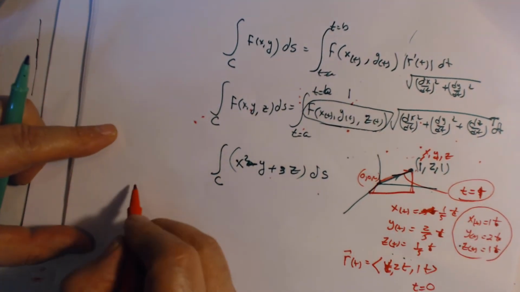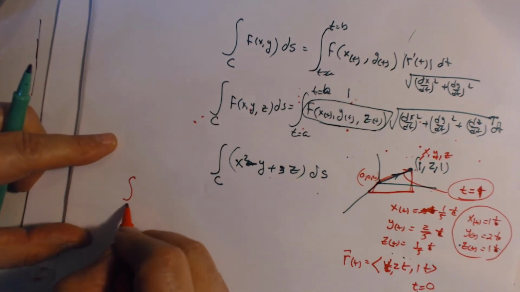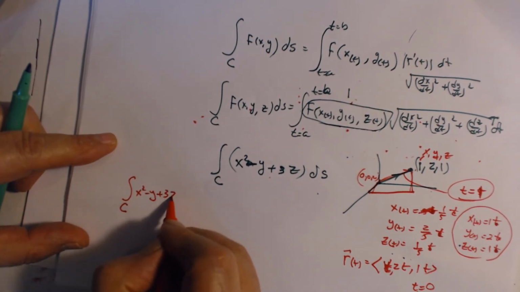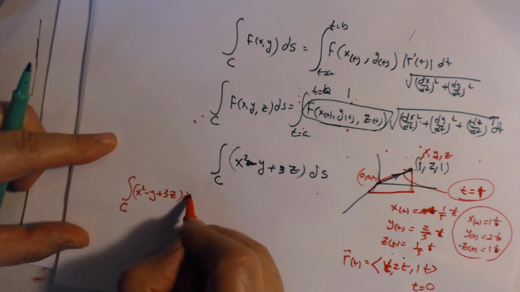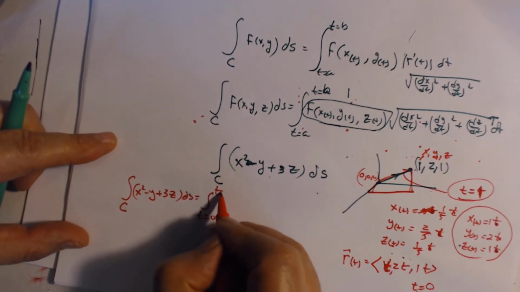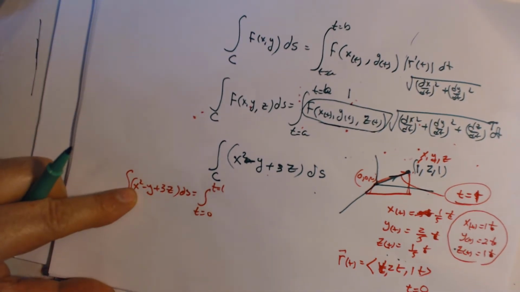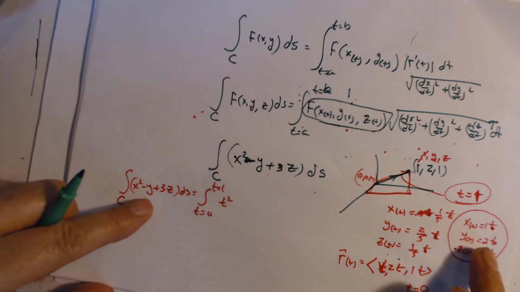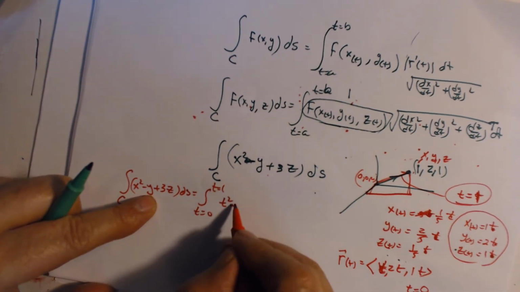1 second. Therefore, the line integral of x squared minus y plus 3z ds becomes the integral from t equal to 0 to t equal to 1 second. But instead of x squared, you put t squared. Instead of y, you put 2t.